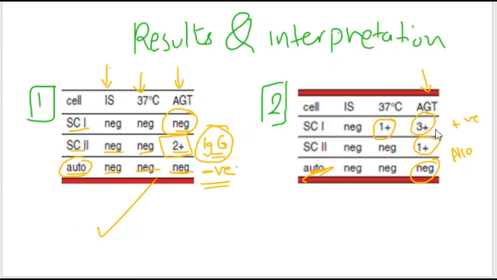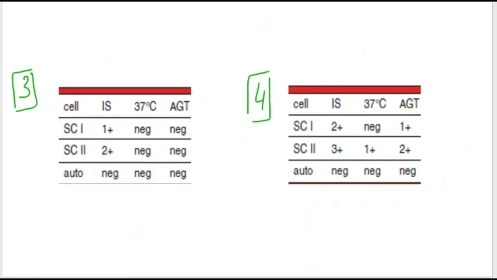And because it reacts with both cells, maybe it's not only one antibody, maybe multiple antibodies, and it may be of IgG type because it's not reacting at immediate spin. So this is the possibility. However, as we said, we have to do antibody identification to do more investigation.